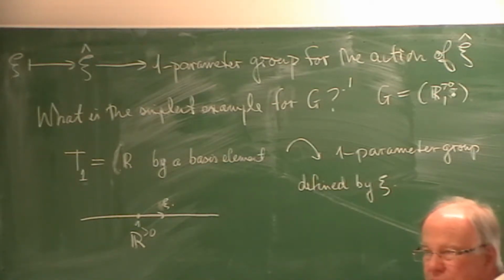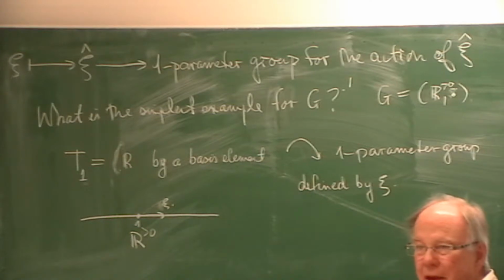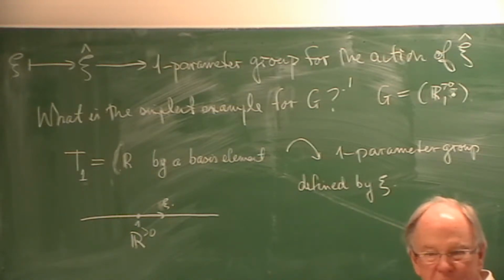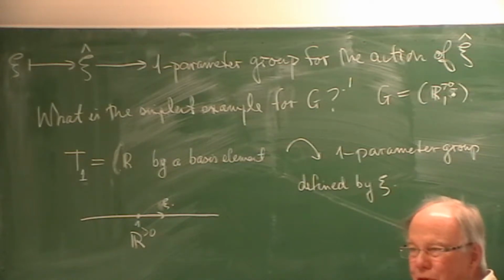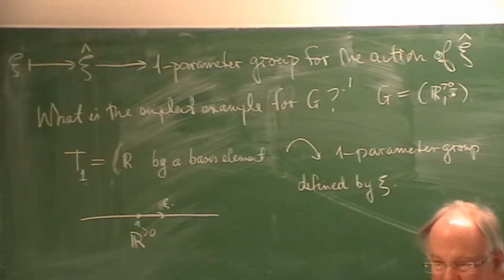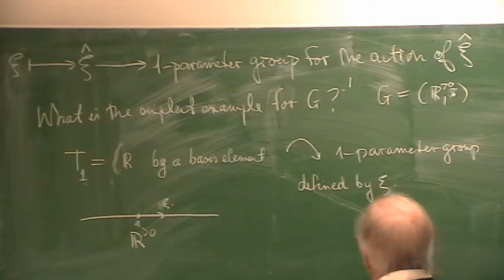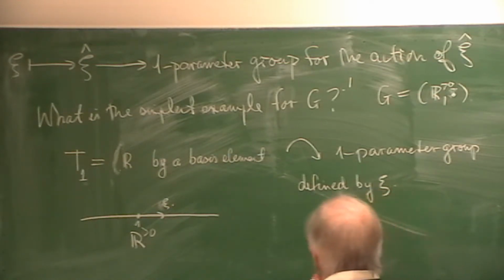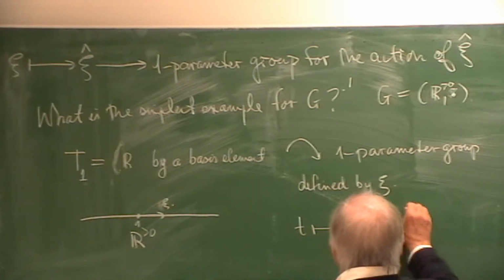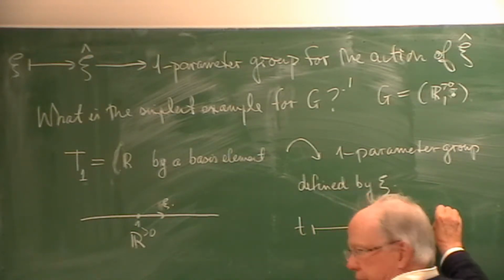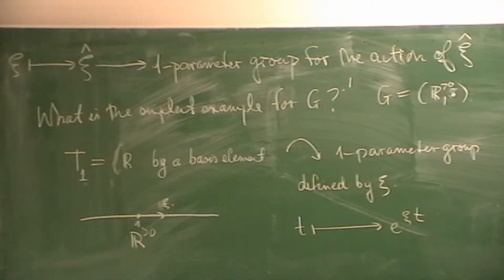I hope all of you who have been assistants and graders in applied calculus know what the map is, what this 1 parameter group is. This 1 parameter group is defined by T goes to e to the CT.